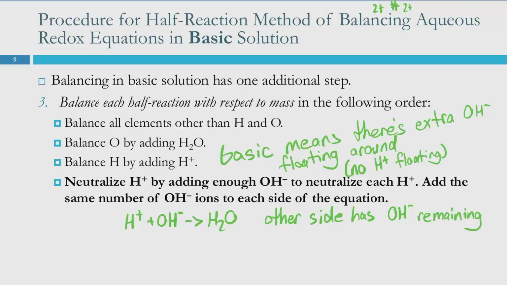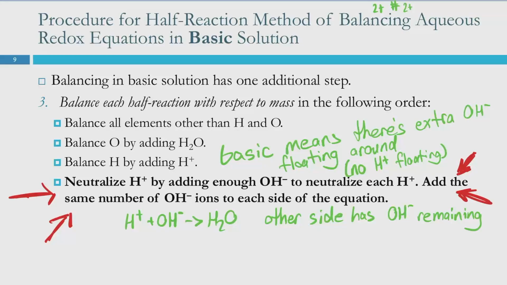This might end up with us having water on both sides in one of our half reactions. That is fine. We'll just cancel some of those out later. So this is our big singular extra step for doing it in basic solution.